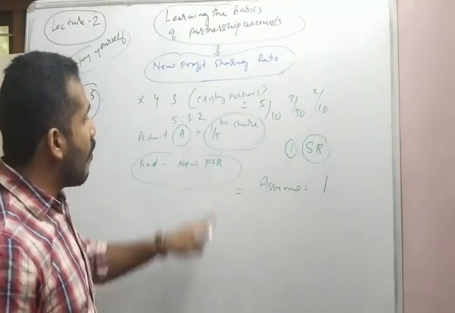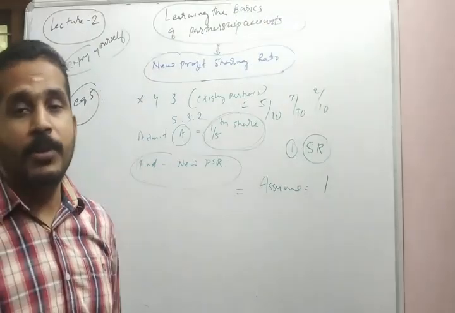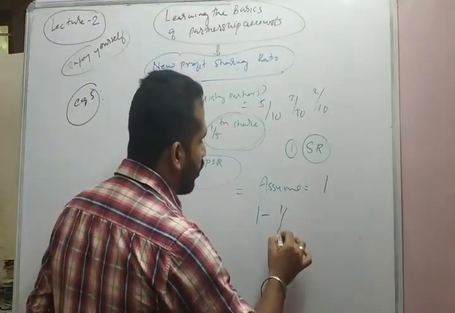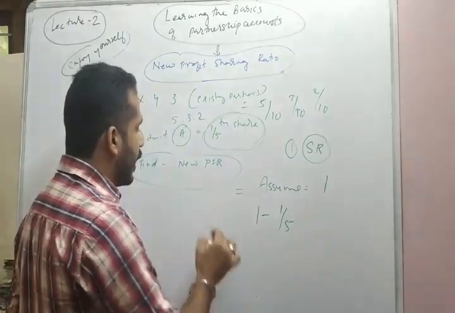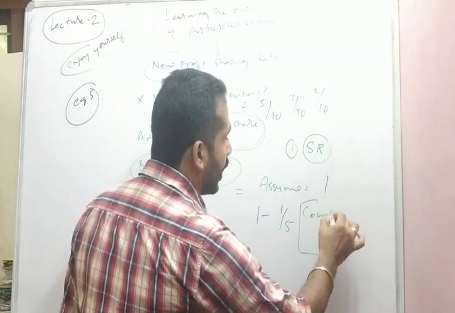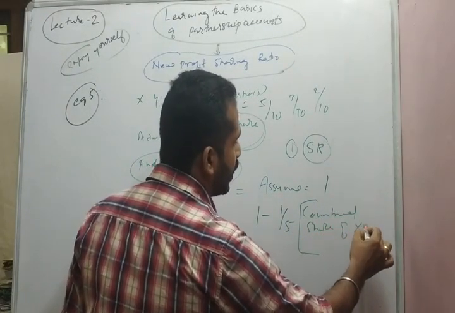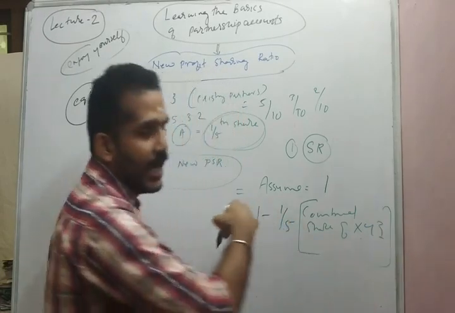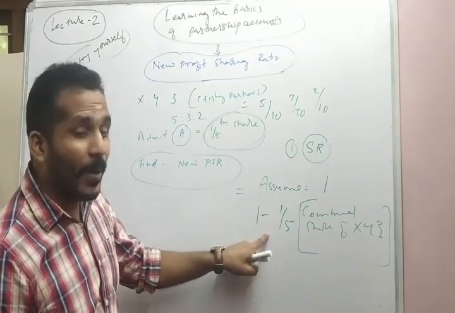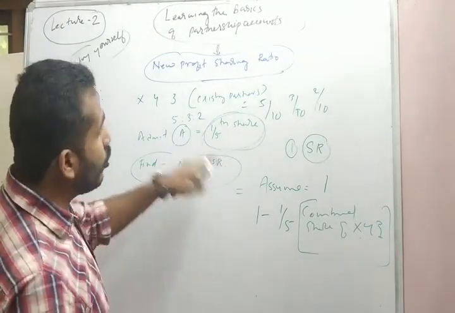Out of 1, 1/5 share belongs to A. That means 1 minus 1 by 5 will be equal to the combined share of all other partners X, Y, Z. 1 is the total share of all the partners, minus 1 by 5, which is the profit share of the new partner.